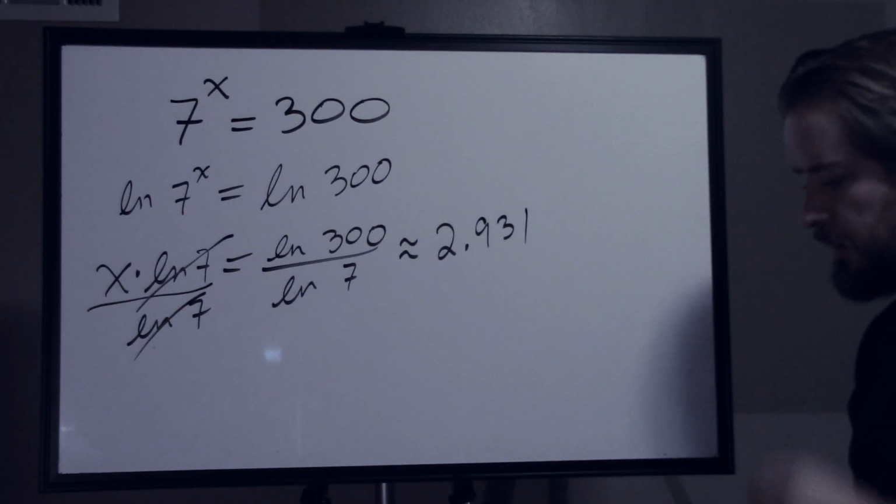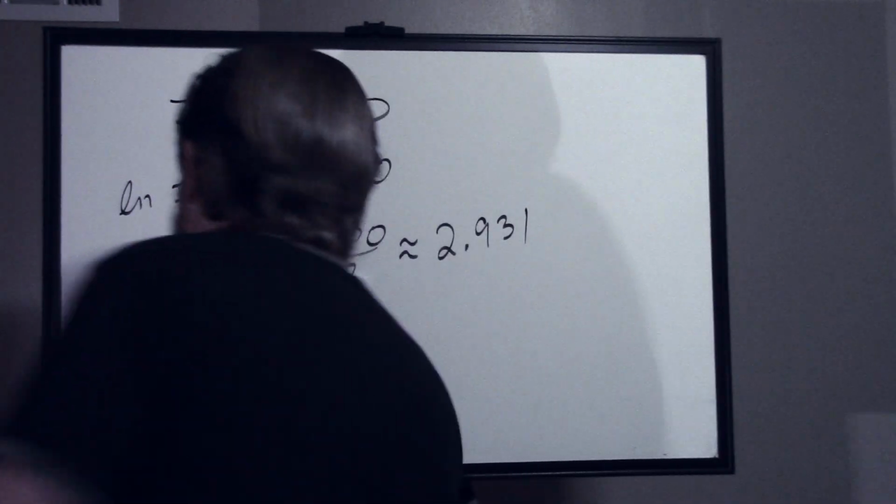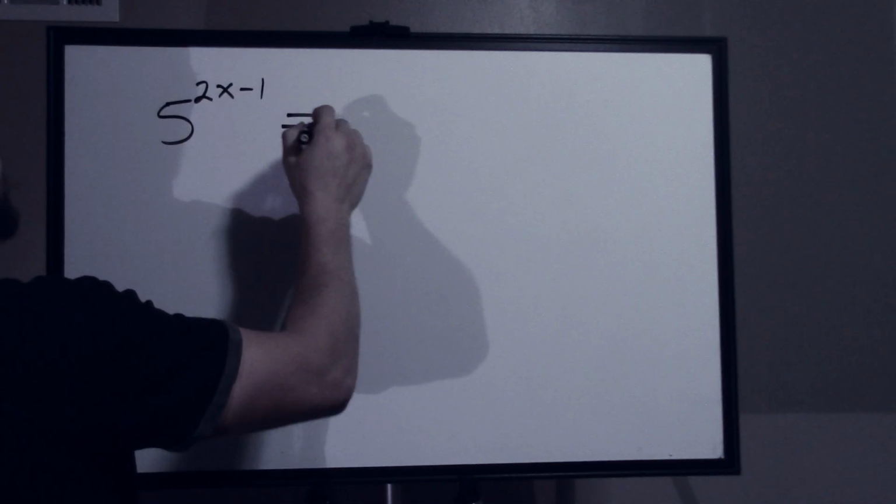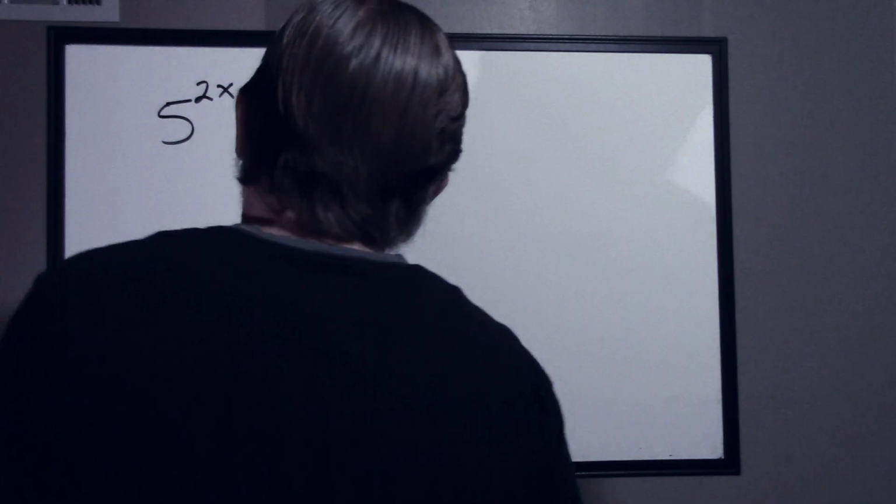All right. Let's solve a little bit more involved one of these. Let's say I have 5 to the 2x minus 1 is equal to, I mean, it doesn't matter.